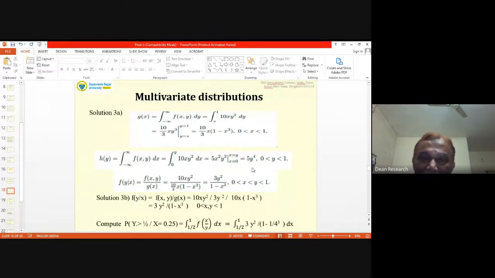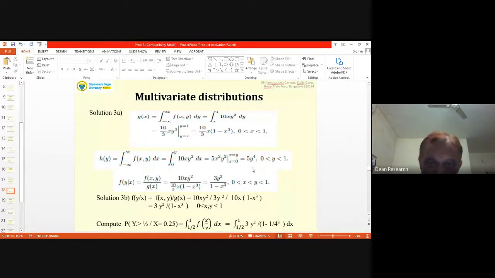It is not yet. Yeah, it should be 0. Okay, 0 to 1. That has become infinity. It should be 0, because from minus infinity to 0, the function is given to be 0. That's already given. After 0 up to 1, it is given by 10xy square.